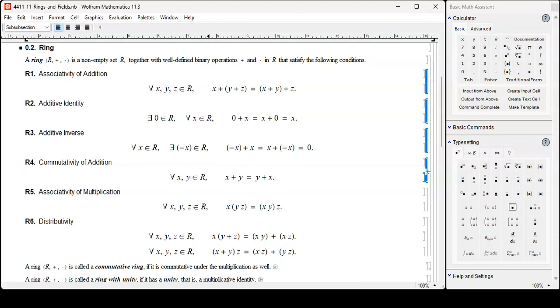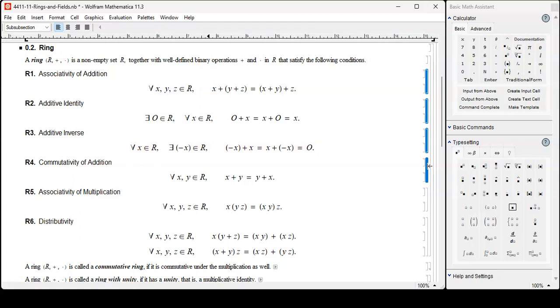And also, the additive identity is typically referred to as 0. But if you don't like 0, then you can use some other character if you want, and that's fine with me. And that's it for the addition.